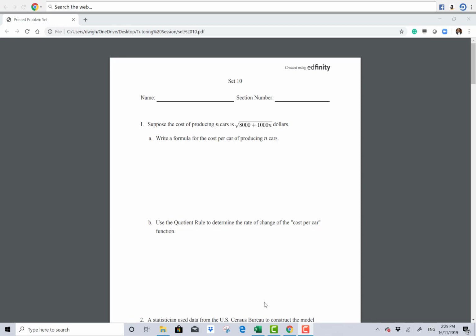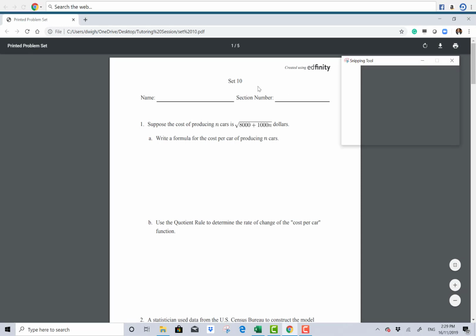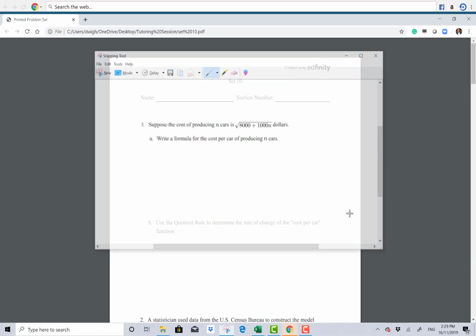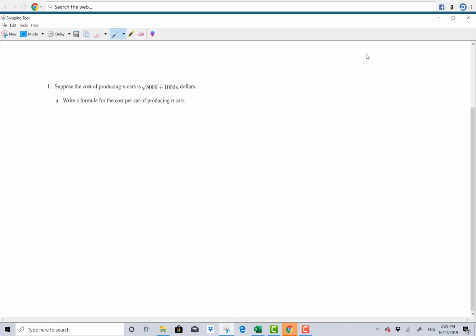All right. So real quick, we know that we're producing n cars. So let's take a quick snippet of this. If we're producing n cars, it's pretty straightforward that we would have the total cost.